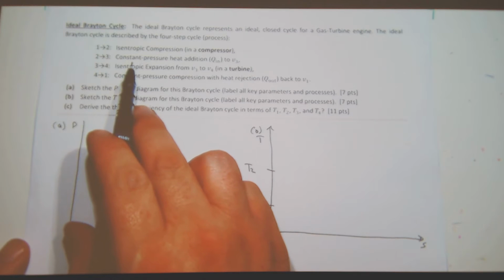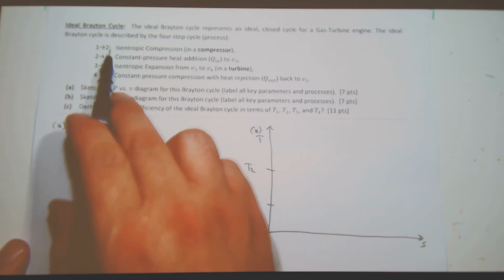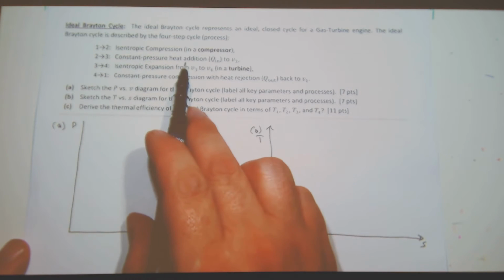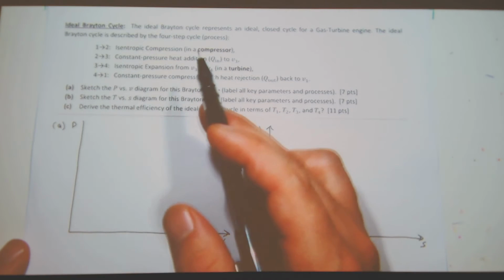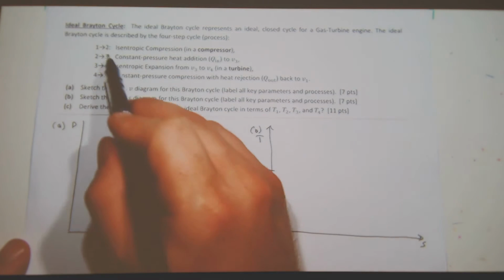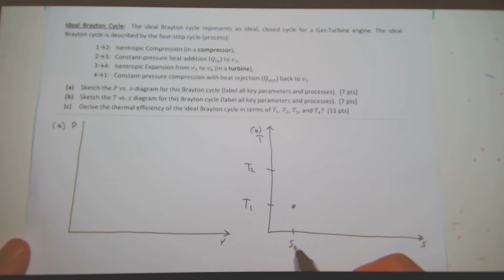Now, constant pressure heat addition. So you kind of want to look at 2 and 3 and 1 to 2. At constant pressure, I add heat, so the temperature goes up. I increase the temperature. What happens to the entropy? Increases. So based off of these two statements, we're best off starting down here with S1.